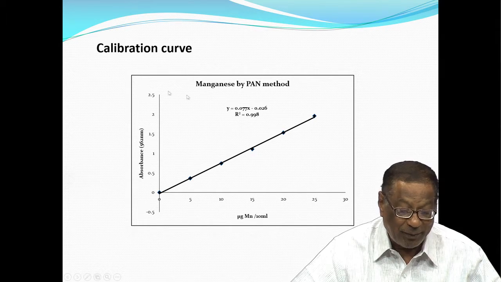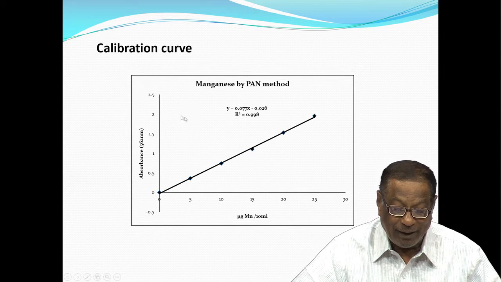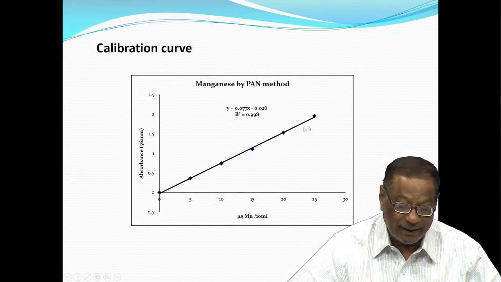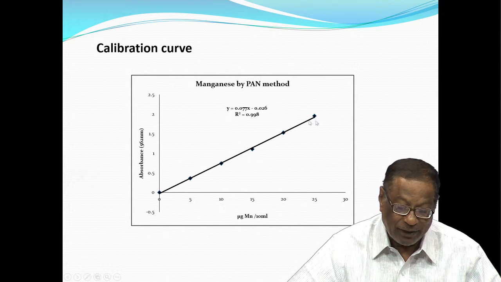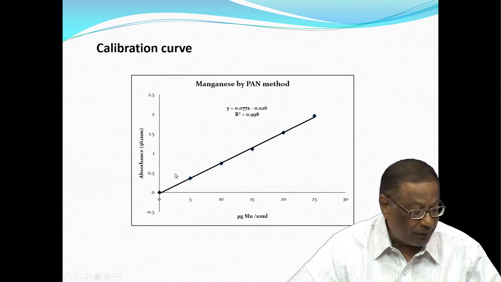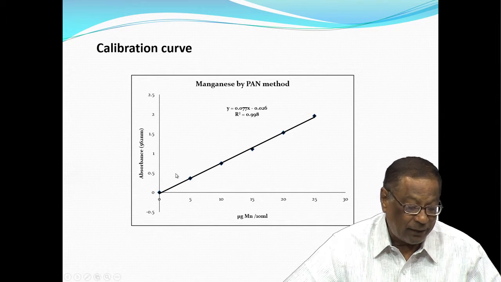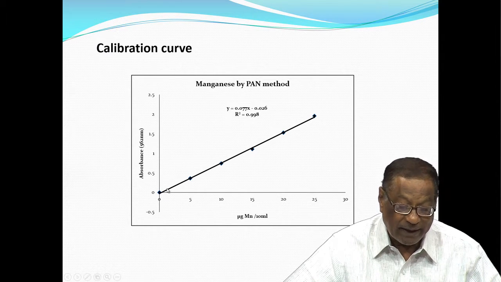Normally we do not determine any material up to 2, but in this case especially, I put this up to 2 because the concentrations vary over quite a large range, especially in the determination of molybdenum, manganese.